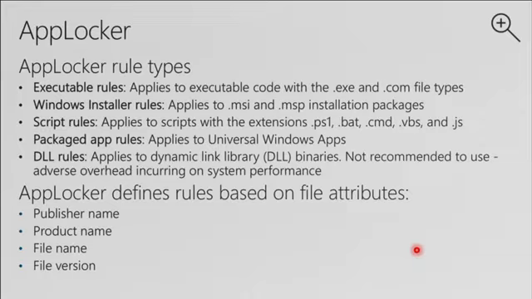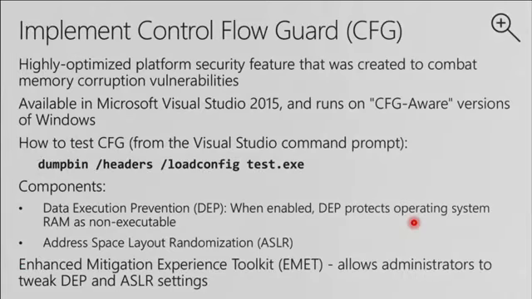So we have more options to build dedicated rules for separate types of files. Attributes: file version, file name, product, publisher name, and so on. I'm not insisting here because AppLocker should be very familiar to all of us.